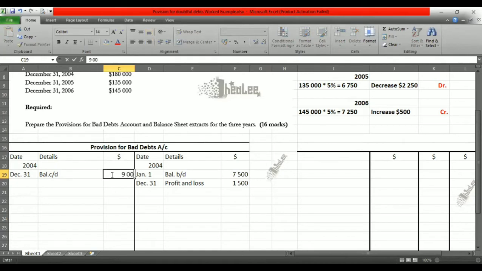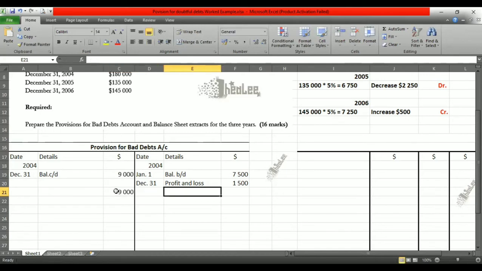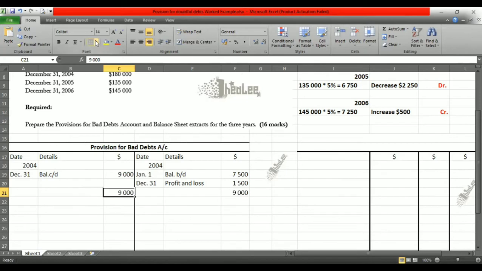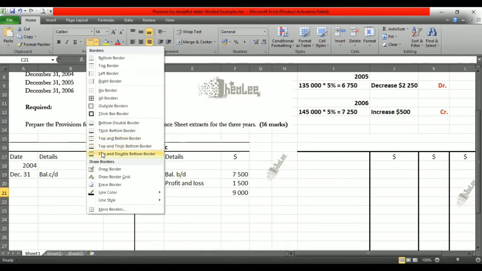So our difference there is 9,000, which is our balance carried down. Enter your totals. Don't forget to enter those. And those must be on the same level. And do remember your totals, single line above and double line below.